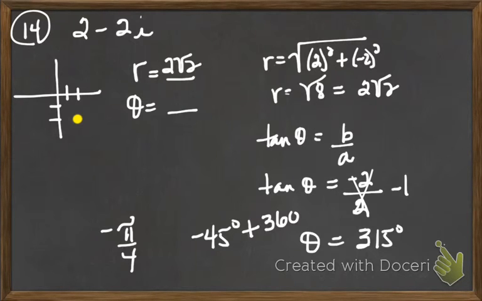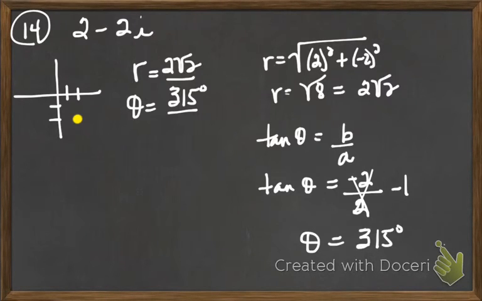We add 180 when we're in the wrong quadrant. So if you happen to have thought negative 45, you just add 360 to it to get to that same point that's positive. We don't have the wrong angle. That one just happened to be negative. Okay? So if you thought of 315, awesome. I would have thought of the negative one. All right? So real quick, into polar form. So we have, our number was 2 minus 2i.